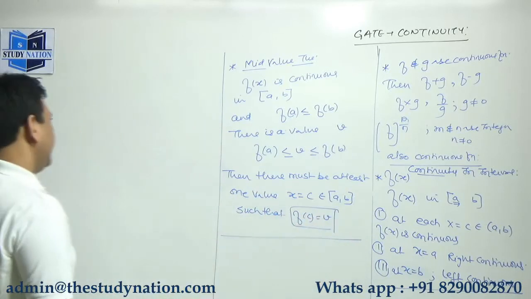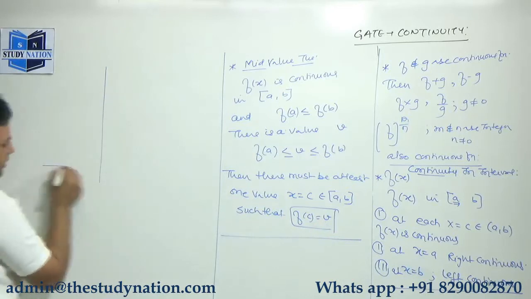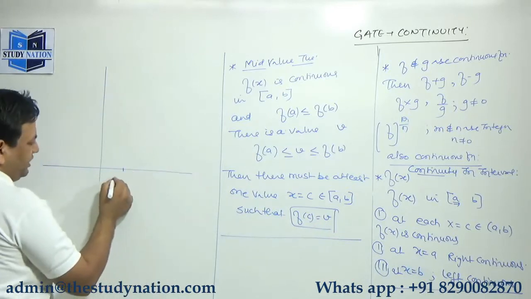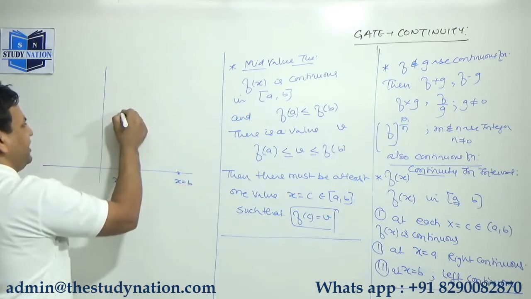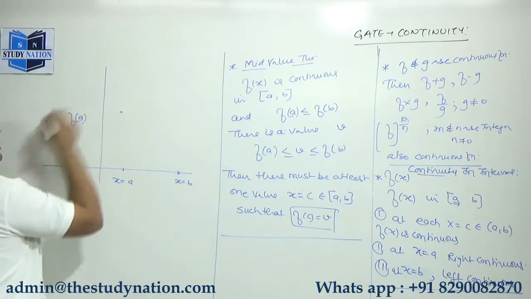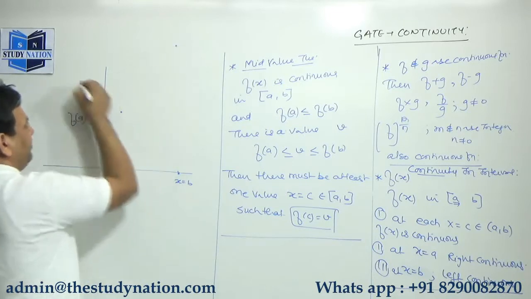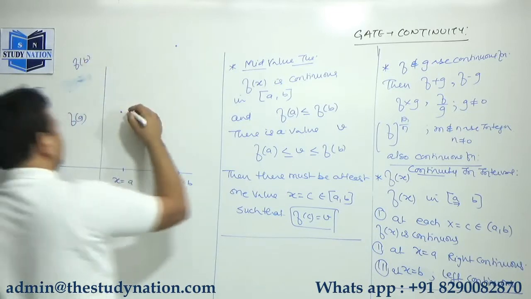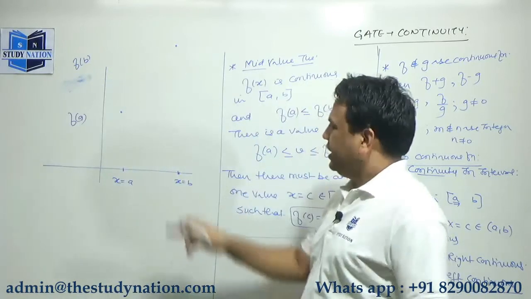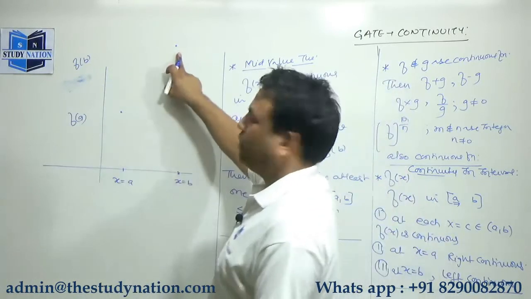So what is the meaning of that? Let's understand in this way. Suppose this is x equal to a and this is x equal to b. This is the value f(a) and this is the value f(b). Continuity means I am reaching from this point to this point without any break.